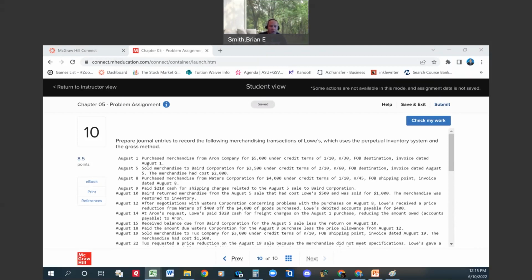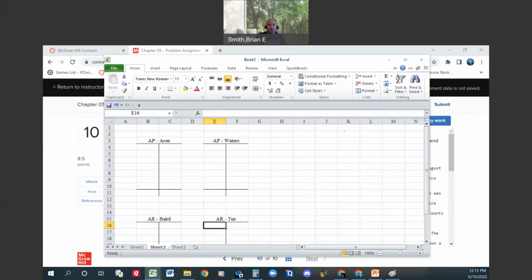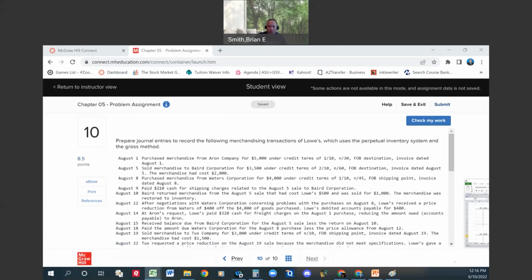Sold to Tux. So that's accounts receivable to Tux. Okay. So I'm setting it up here. Accounts receivable Tux. All right. So I'm going to bring this over here just to show you what I did. I made these T accounts like this, and that way I can track and identify where I'm at with each one.